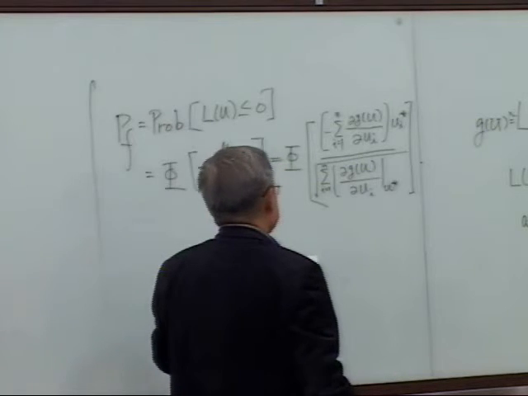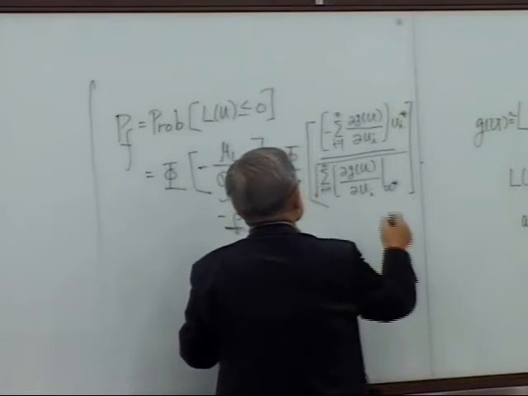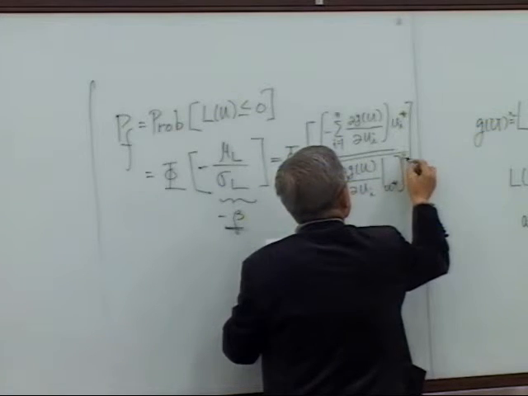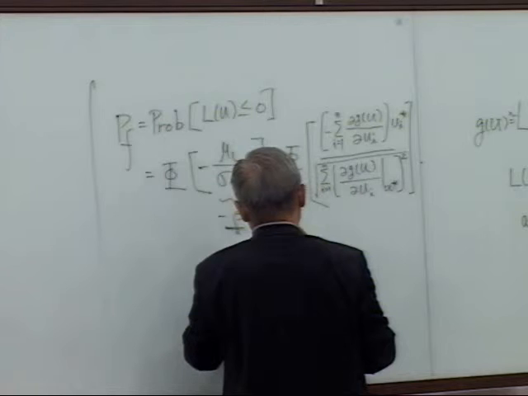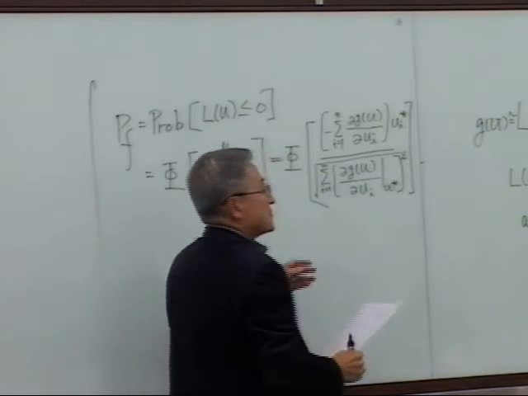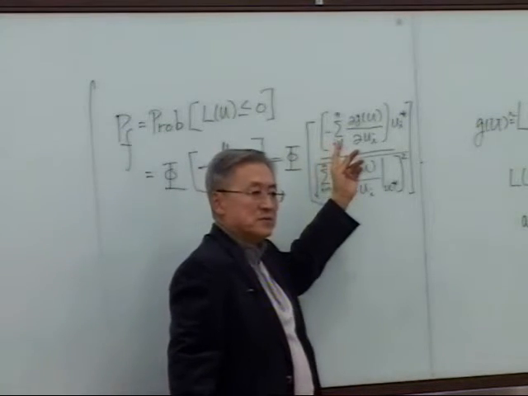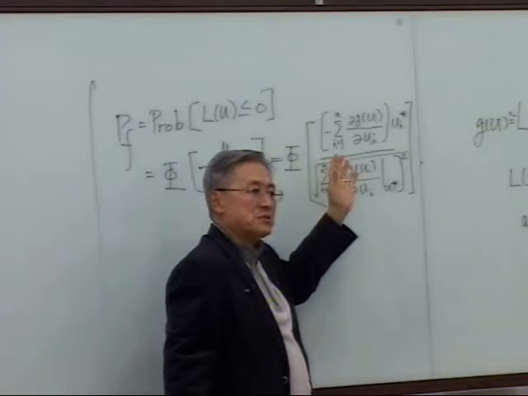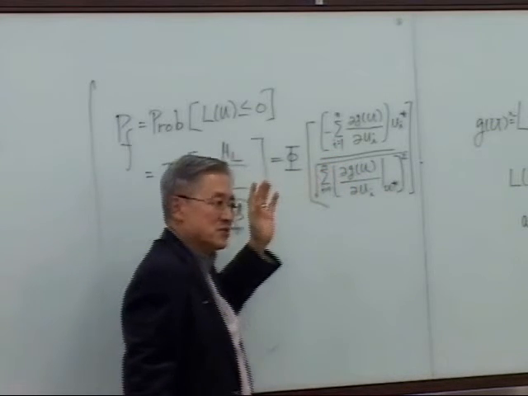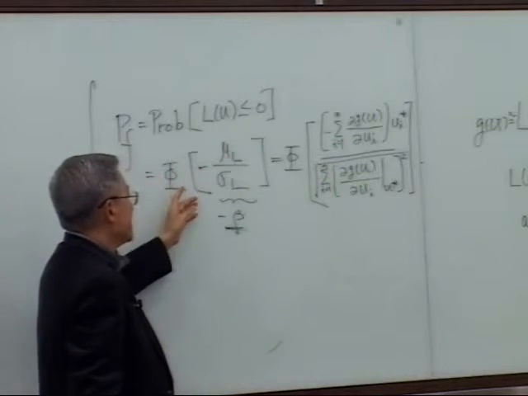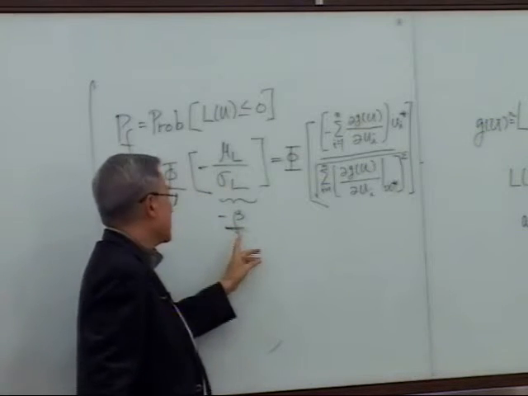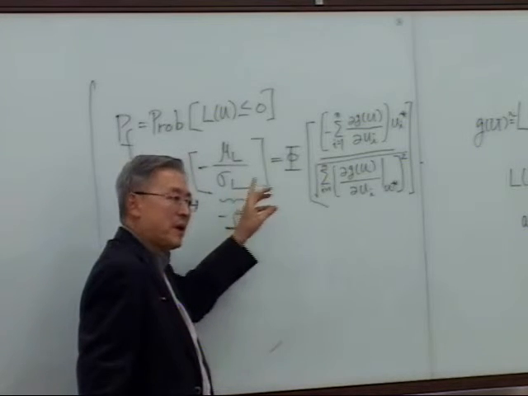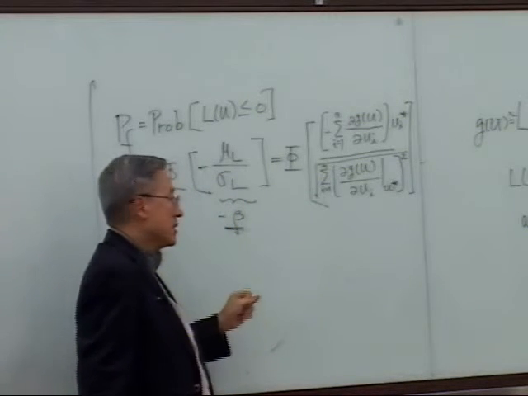Let's take a look at this. This is eventually what you have to evaluate. Back to the original principle, evaluate the standard normal distribution function right at negative beta. Everything falls back into the original concept.